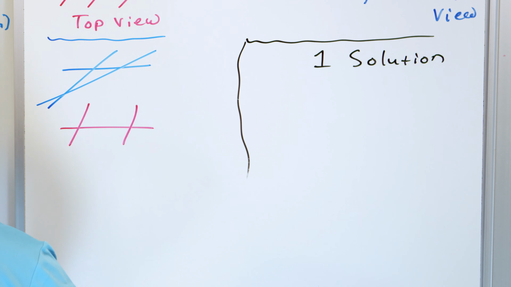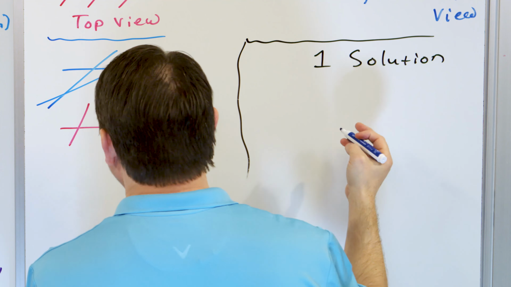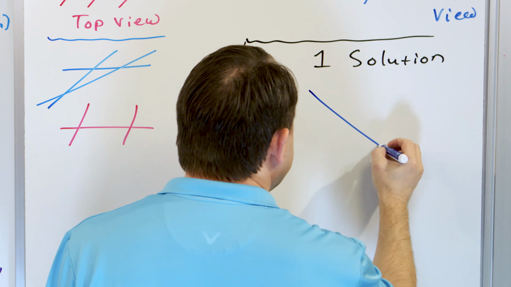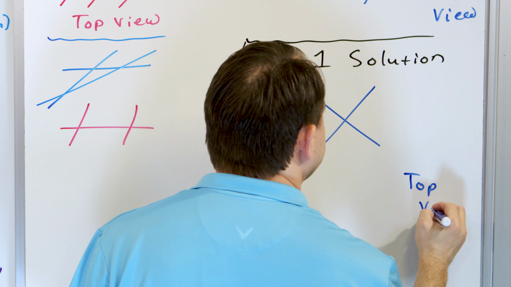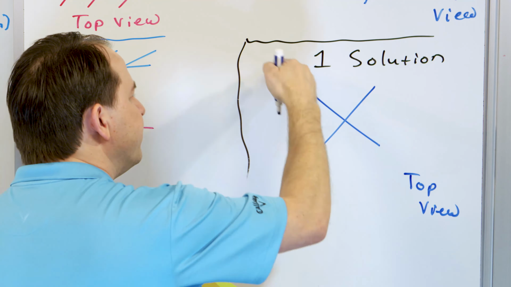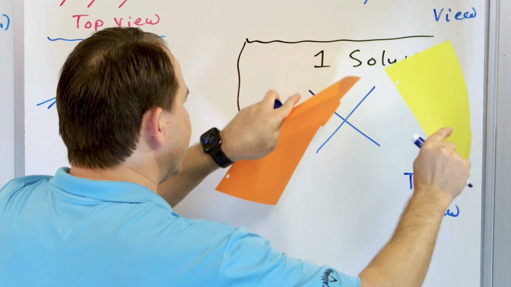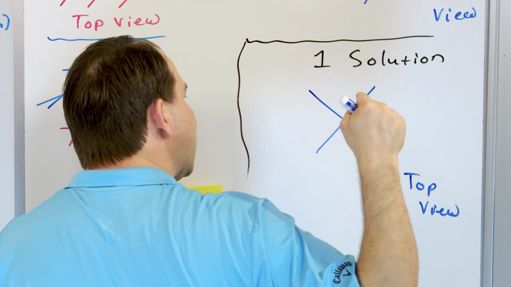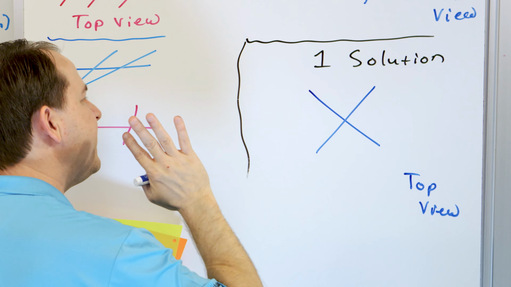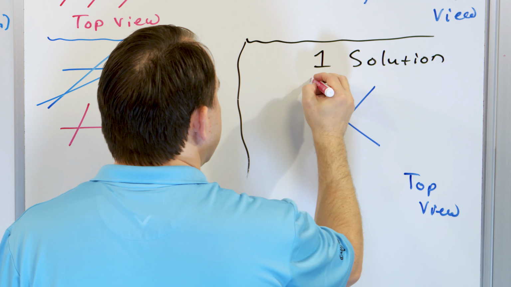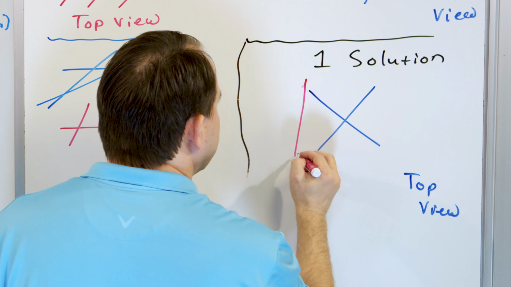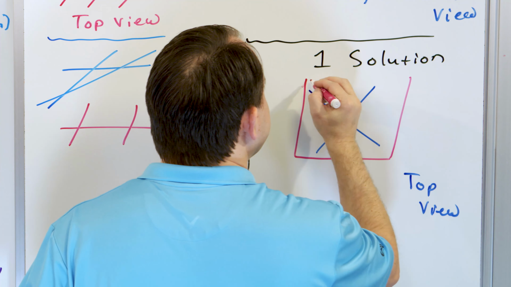I can try my best to draw it, but it's going to be difficult. Let's say I have a plane here and a plane here. I'm looking at a top view. So there's an intersection point, a plane here and a plane here, just like this, and this forms a line of infinite solutions. But then the third plane is actually kind of perpendicular to those.